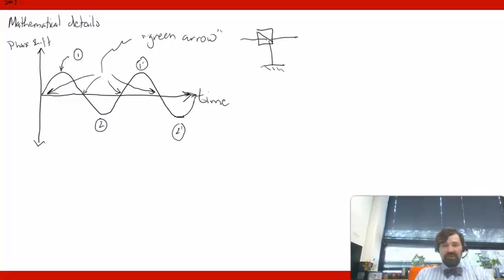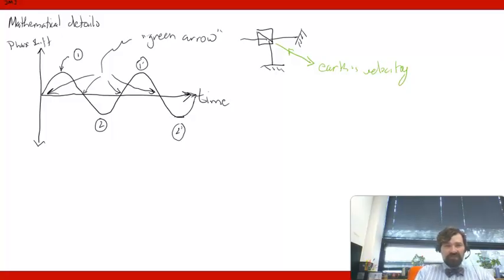Here's mirror 1, here's mirror 2, and then the Earth's actual velocity is either like this or like this. So this is Earth's velocity for these zero crossings.